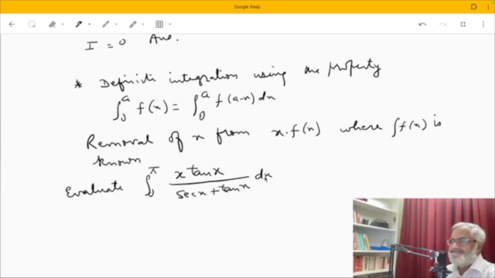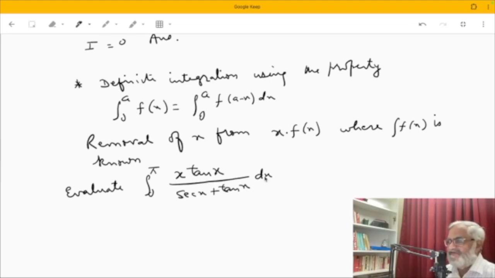In this integration, if x is removed, then tan x upon sec x plus tan x is easily integrated. So this integration is known to us. So our problem is to remove x. If x is removed, then the question becomes very easy.